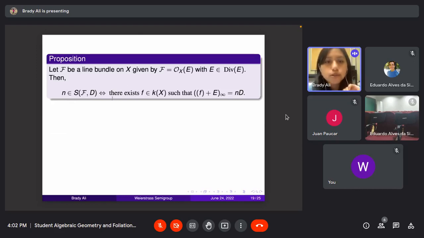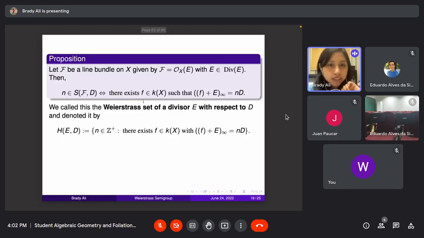It can be shown also that if n belongs to this set, our new generalization, then there exists a rational function f such that the divisor of poles of the divisor of f plus E is equal to nD. As you can see, we can see this set as a Weierstrass set. So instead of S_F(D), we now call it H_E(D), and this will be the definition of H_E(D).